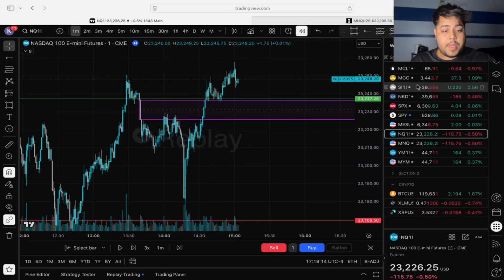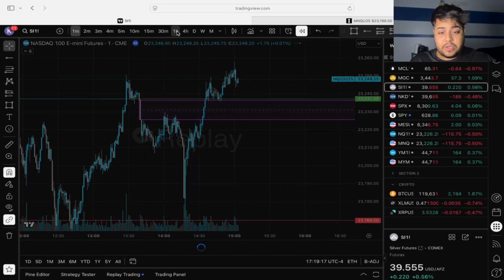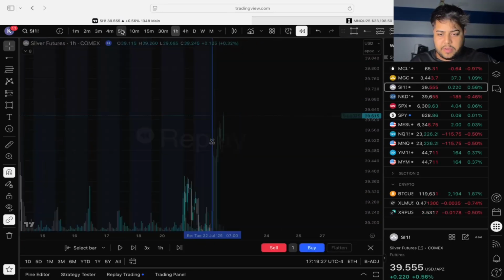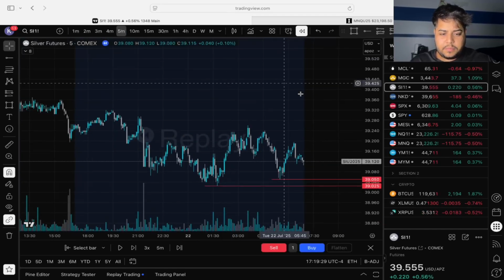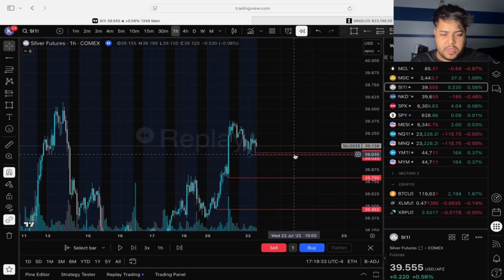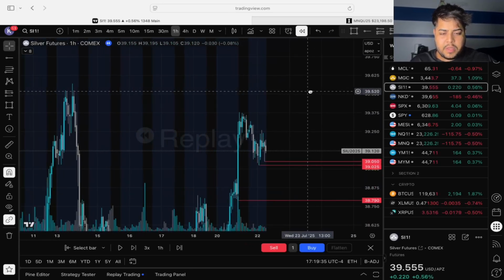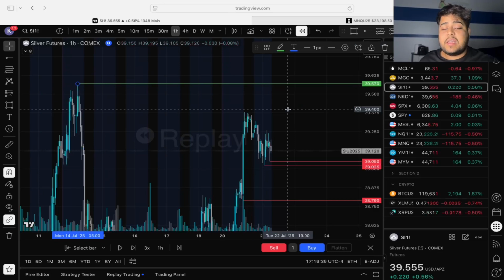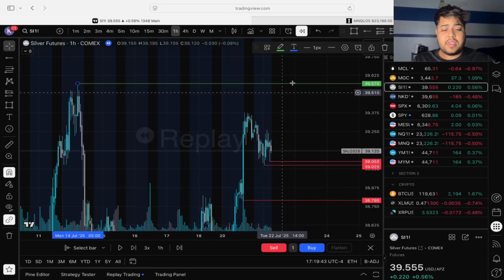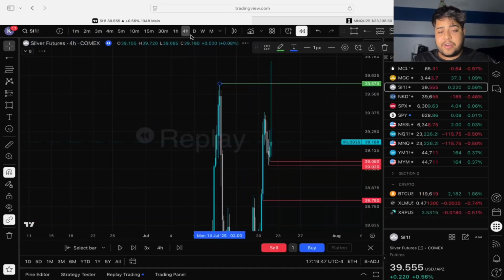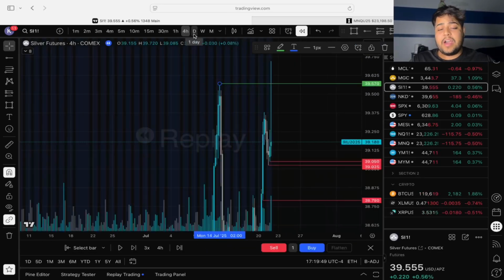And my big trade that I took was on silver, actually. So let's go back a little bit so you guys can see what I was looking at. On silver, I don't trade it exactly like I trade NQ. With silver, I'm more cautious on liquidity levels, so I like using the higher ones, like maybe a 4 hour or a daily.